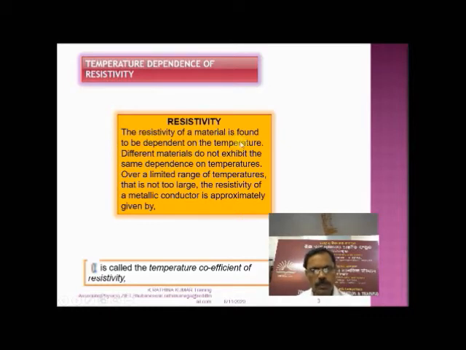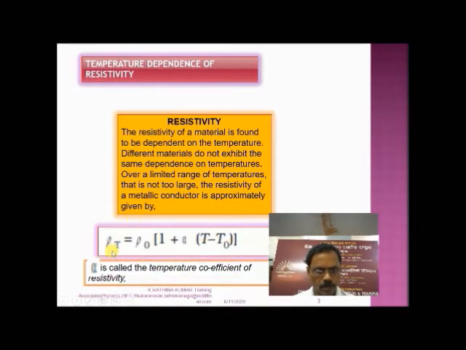The resistivity of a material is found to be dependent on the temperature. Different materials do not exhibit the same dependence on temperature. Over a limited range of temperature that is not too large, the resistivity of a metal conductor is approximately given by rho T equals rho 0 into bracket 1 plus alpha into bracket T minus T naught.